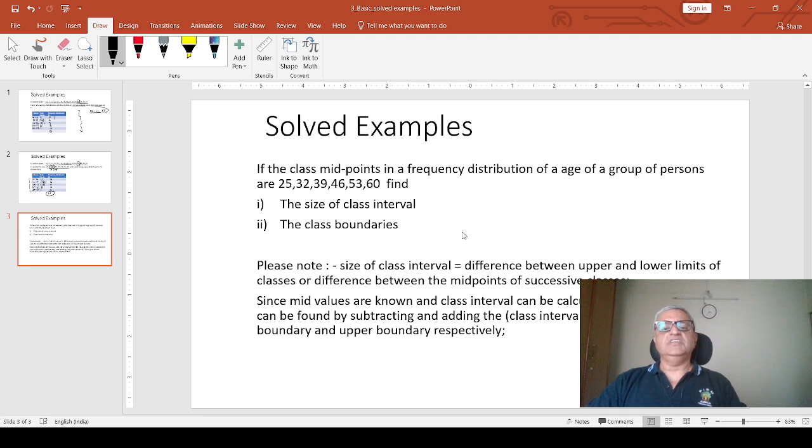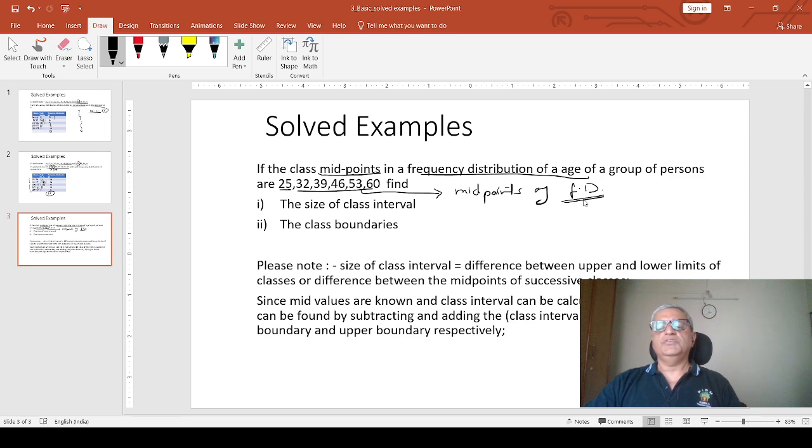So let's read the next problem. The class midpoints in a frequency distribution of the age group of a group of persons are 25, 32, 39, 46, 53, and 60. So these are not data elements, but they are midpoints of the frequency distribution.